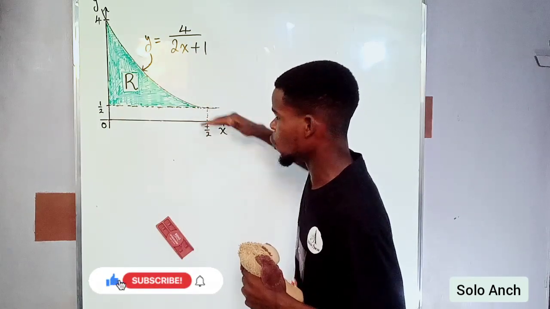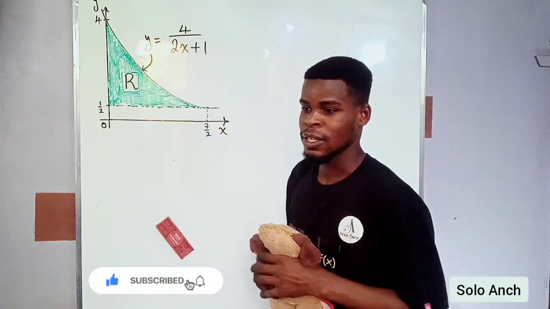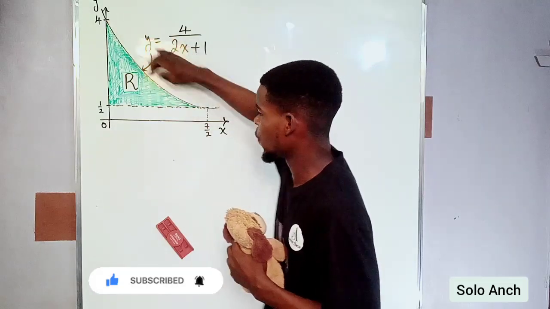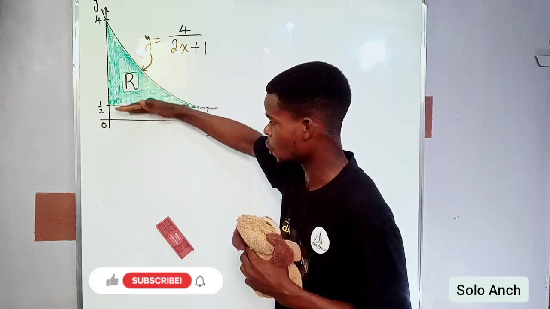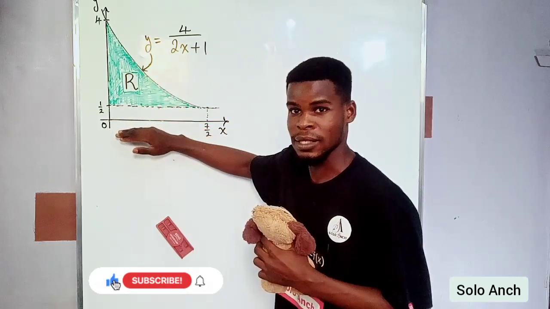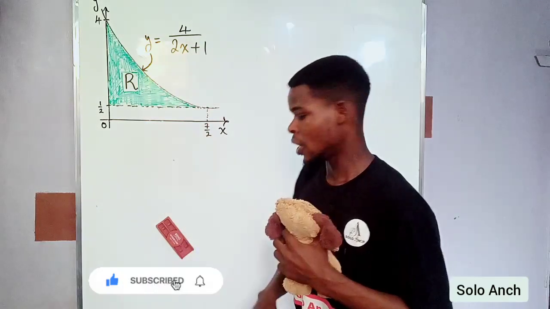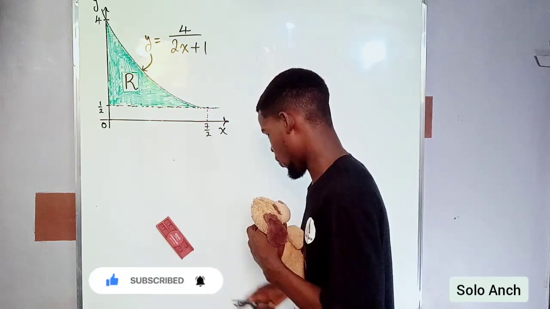We don't go all the way to the x-axis, so we have to stop somewhere here, and we are going to tackle it this way. We just find the area under this curve, ignoring the fact that this 1/2 is here. That is just going to find it all the way down to the x-axis. Then we are going to subtract the area of this rectangle from that in order to get the area of the green region. Okay, so we're going to look at this in the Riemann sense.